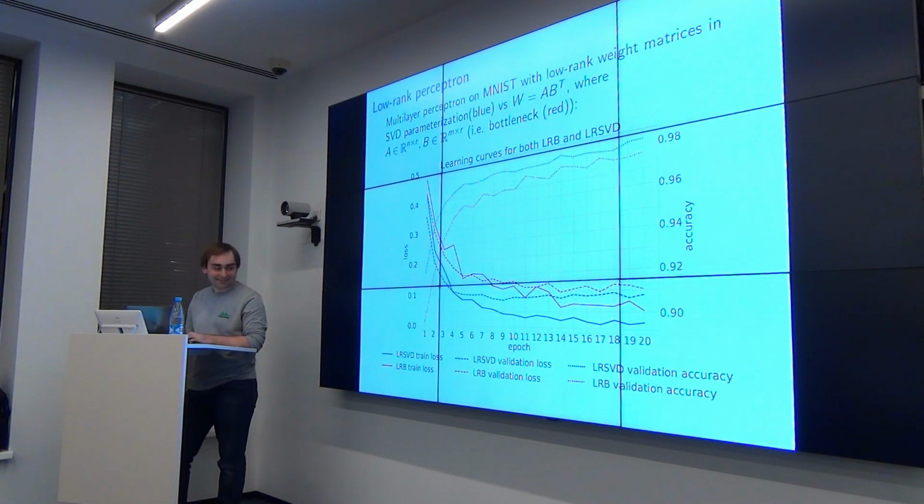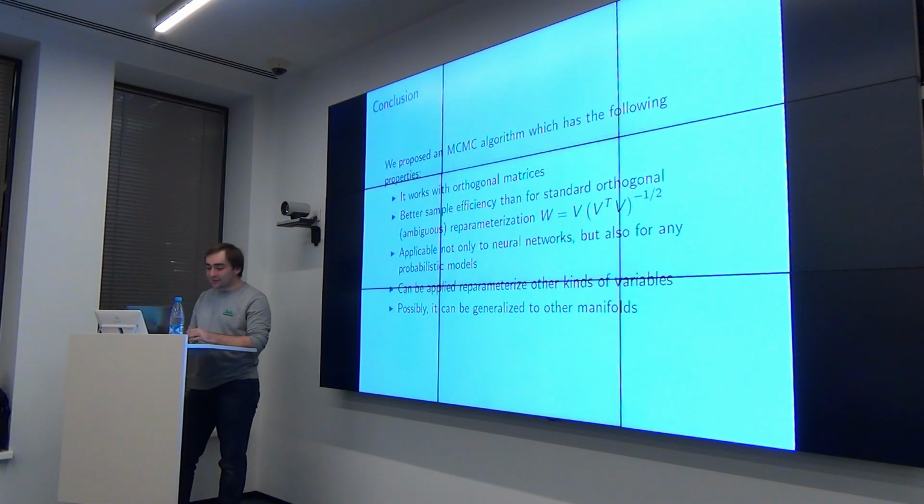I do. So to conclude this talk, we proposed an MCMC algorithm which can work with orthogonal matrices, which can be used to sample some other kinds of variables which are reparameterized using orthogonal matrices.